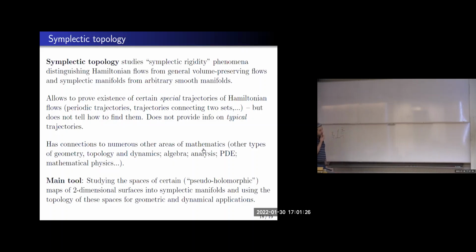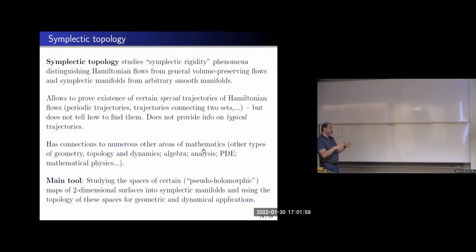What's the main tool? Why do people call it symplectic topology? Where is the topology here? So the main tool here is the study of spaces of certain maps, called pseudo-holomorphic maps, of two-dimensional surfaces, real surfaces of dimension 2, or complex curves of complex dimension 1, into symplectic manifolds, these higher-dimensional surfaces equipped with a certain differential two-form.